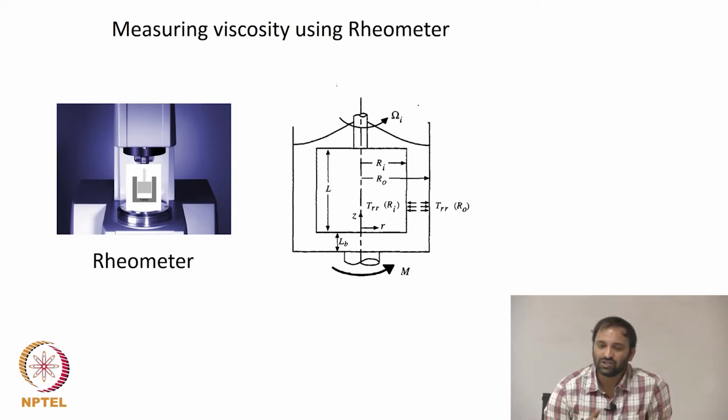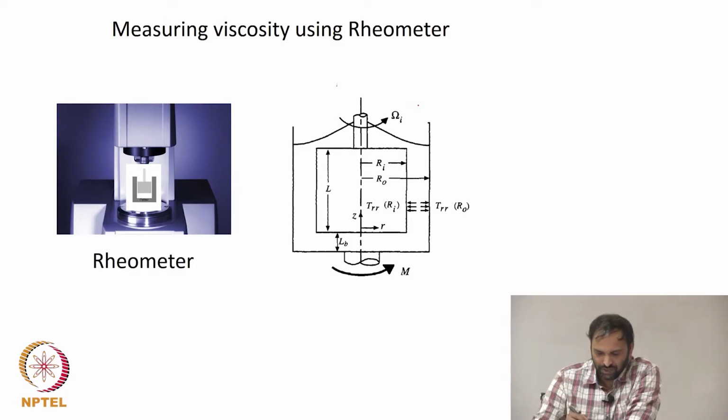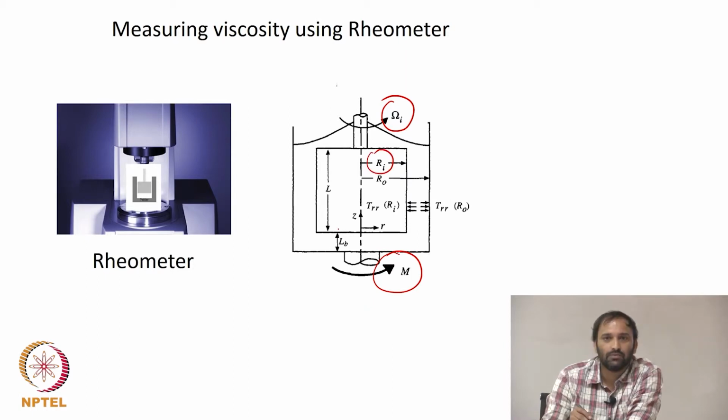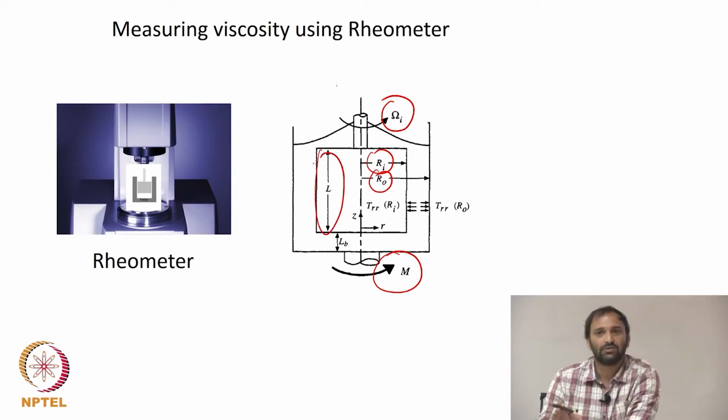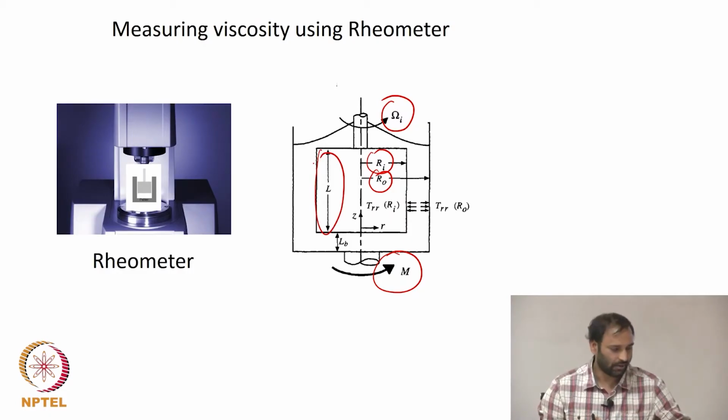This is common for any geometry, whether you use a parallel plate, a cone plate or a concentric cylinder geometry. So the configuration is clear, right? That's your rotation speed, M is the torque being measured, Ri is the inner cylinder radius, Ro is the outer cylinder radius, and that's your length. So this is a geometry of well defined dimensions. That's all I wanted to say.